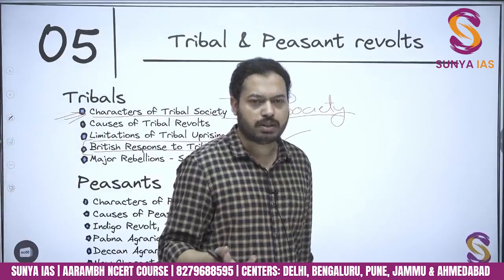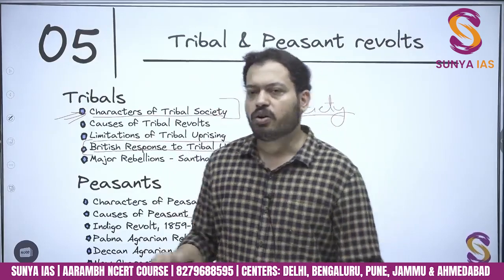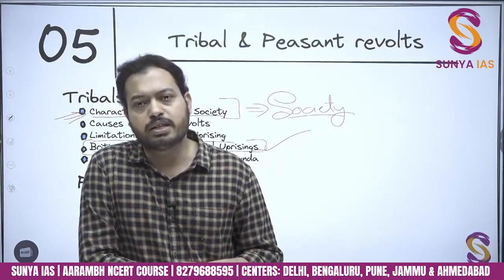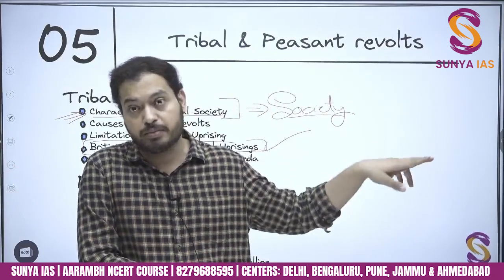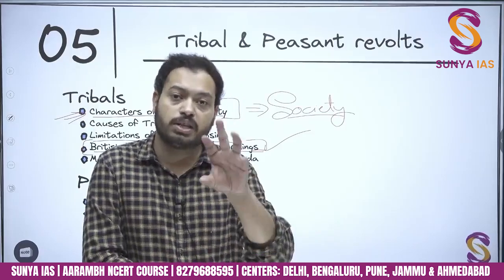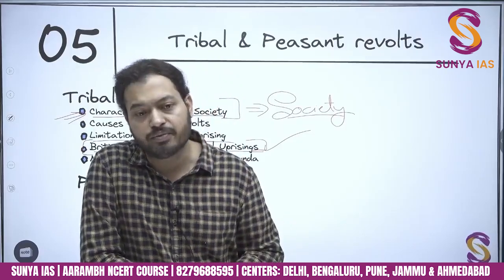I'll give you an example. Later on, the Nawab of Murshidabad, basically the successors of the Nawab of Bengal's family, even they supported the Britishers when the Britishers started curbing the Santhal people in the 1850s.